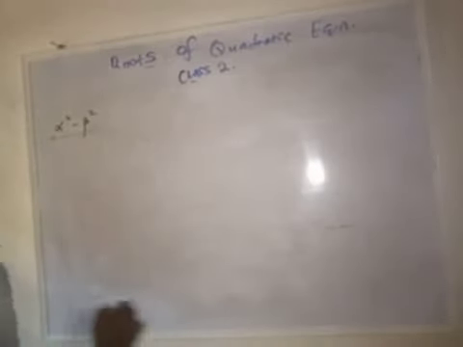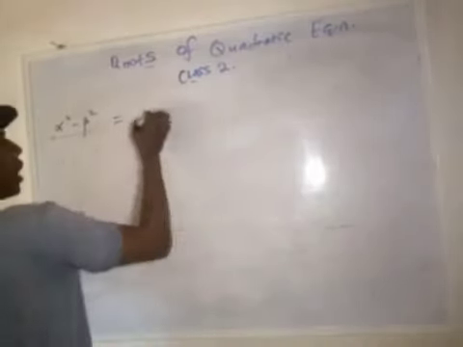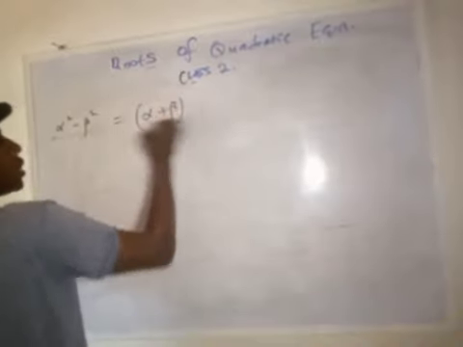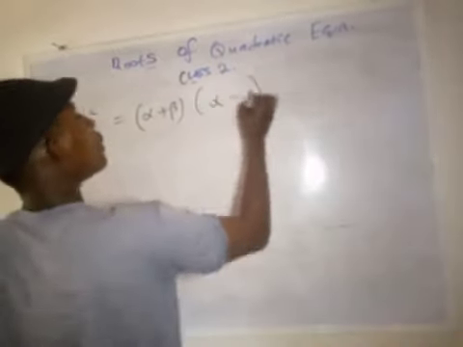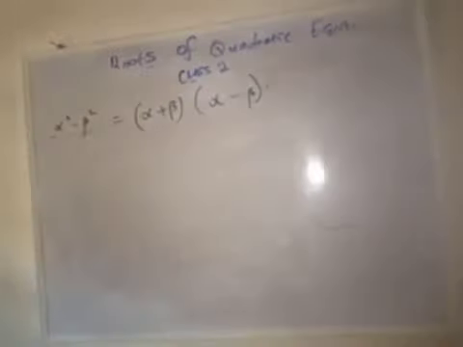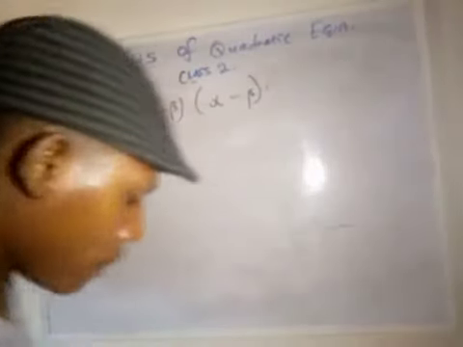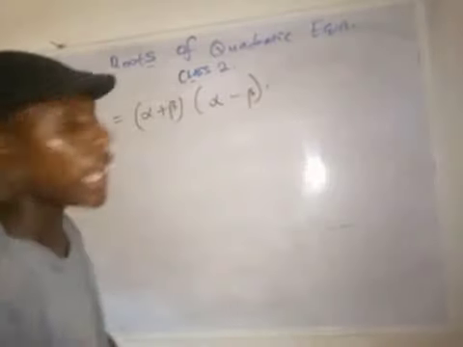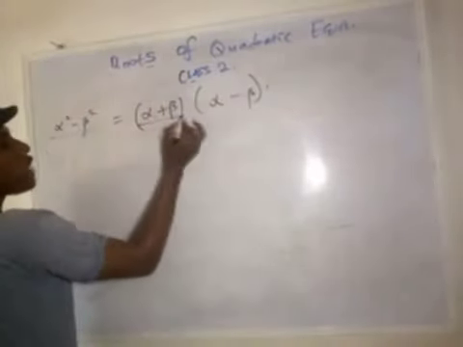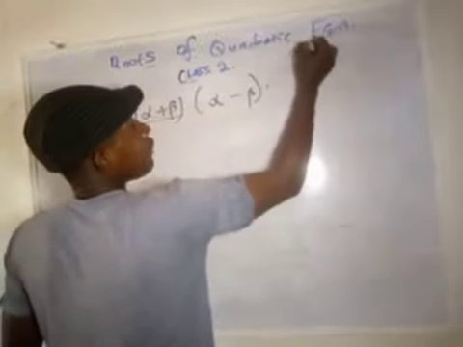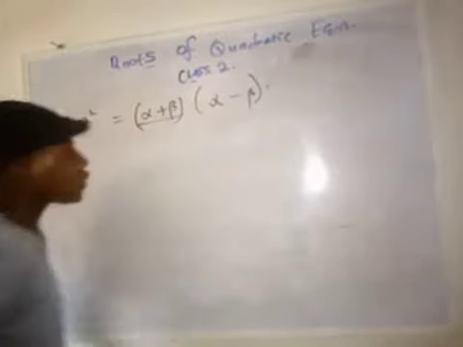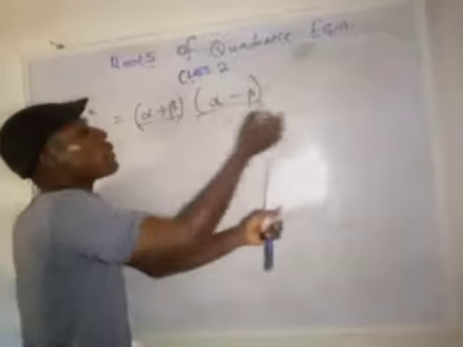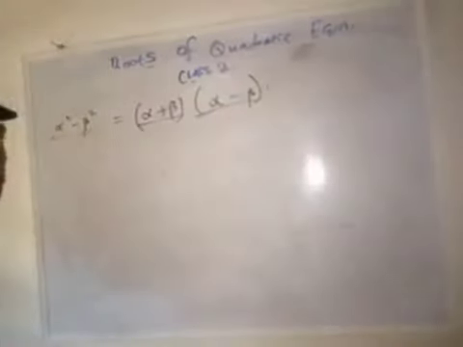And when we have a difference of two squares, this will be equal to alpha plus beta and alpha minus beta. Now, we all know that we are always going to leave our expression in form of alpha plus beta and alpha beta, right? So in this particular case, this is the only thing I'm concerned with, alpha minus beta.